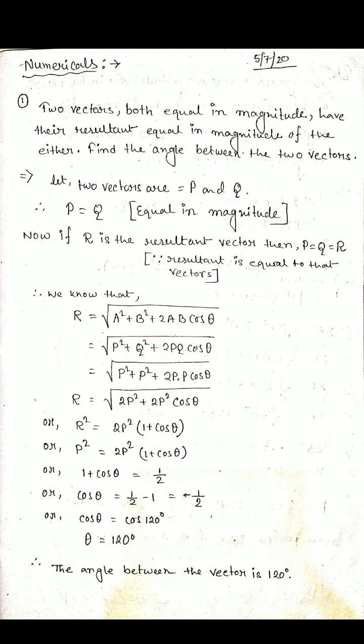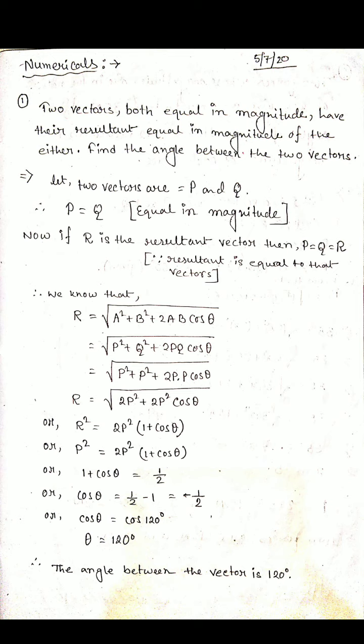So we consider the two vectors are P and Q. Because it is mentioned that the two vectors are equal in magnitude, we can write P equals Q, and the resultant vector of P and Q is R, and the magnitude of R is also equal to P and Q. So we can also write P equals Q equals R. It is given.